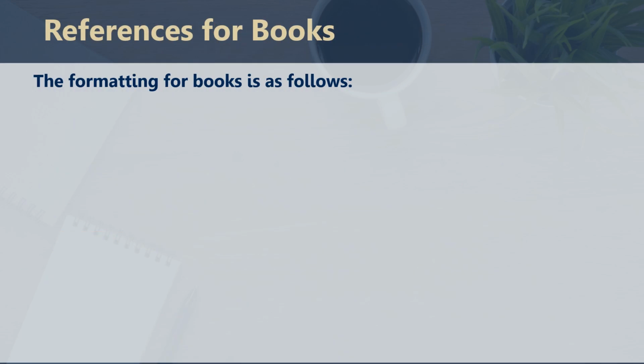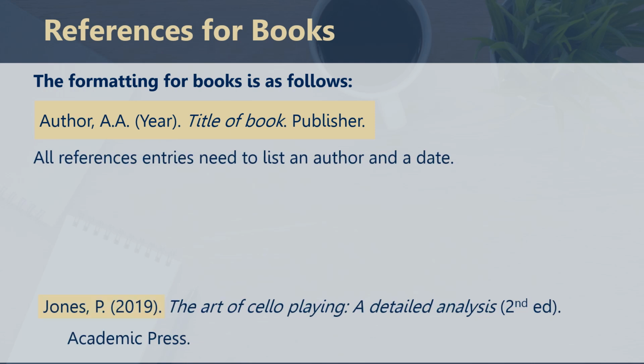References for books, websites, and journal articles are formatted a little differently. It is best to be familiar with each way of formatting. As you can see from the structure of the sample below, the formatting for books is the most basic. All reference entries should list an author and a date.